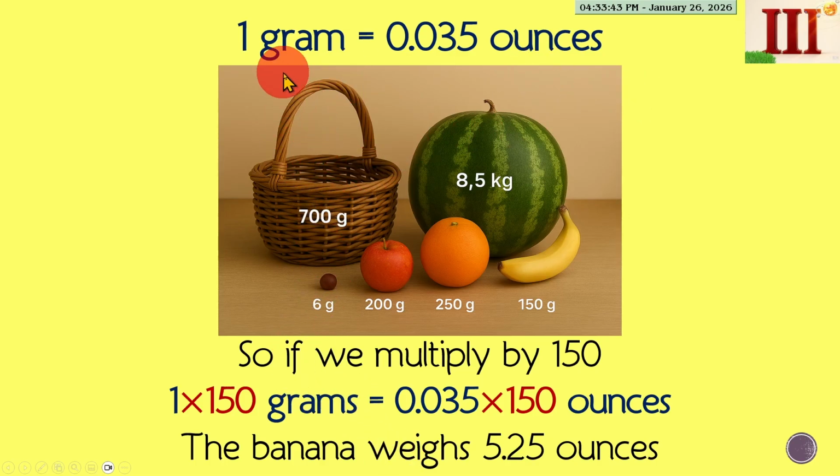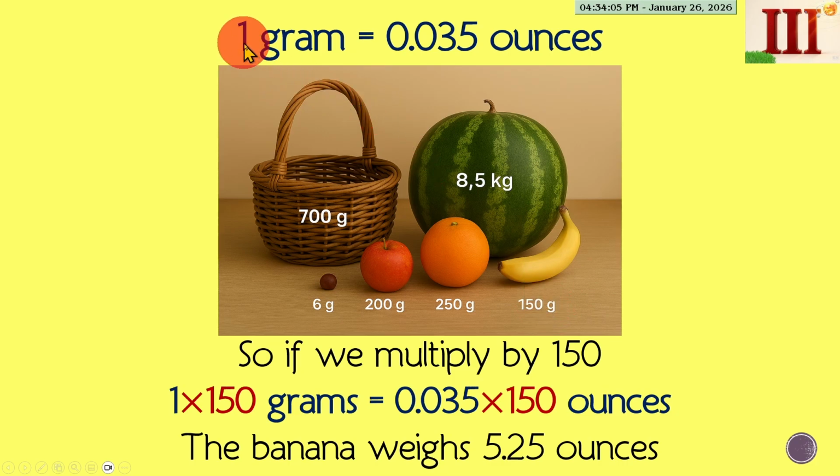So we have a gram, we have ounces. We're trying to go from 1 gram to 150. We are doing it backwards. That's why it was a little bit confusing. In the other one we were using the conversion second, but here we are given the conversion rate first. So that's why we're doing it more or less in reverse.